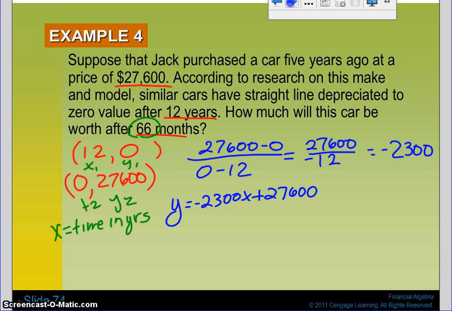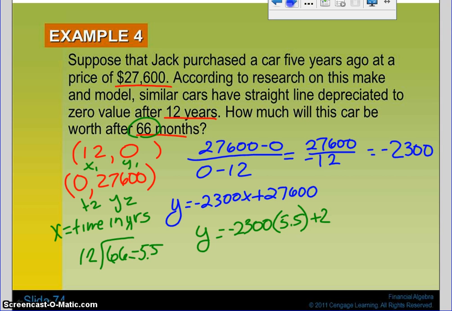So I'm going to take the 66 months and divide it by the number of months in a year, which is 12, and I find that it's asking what will its value be at 5.5 years. So I'm going to plug in my value, and I've got y equals negative 2,300 times 5.5 plus 27,600.